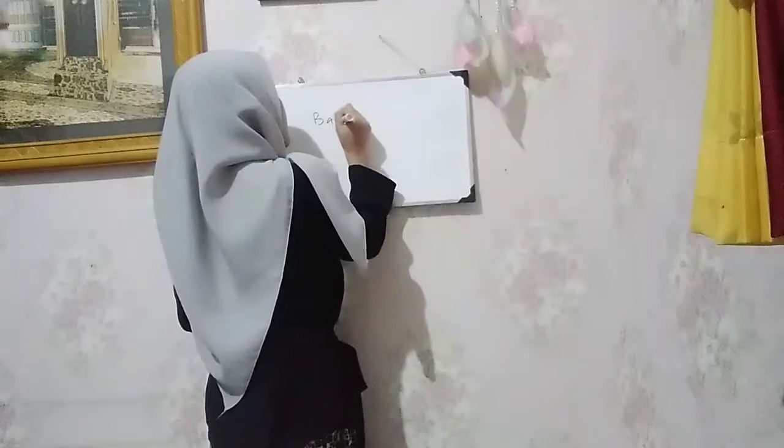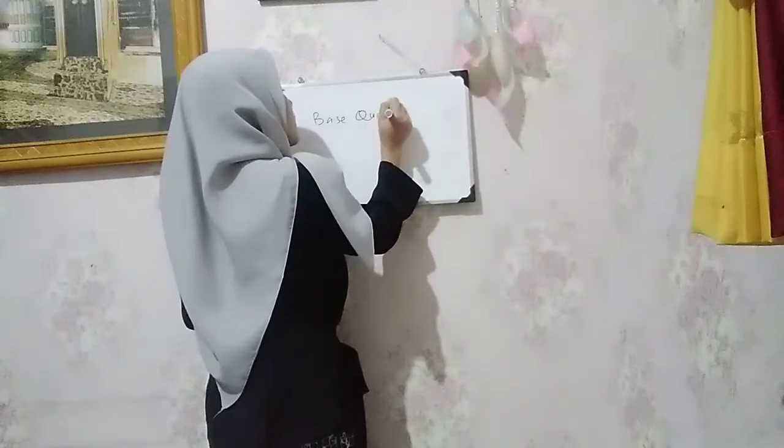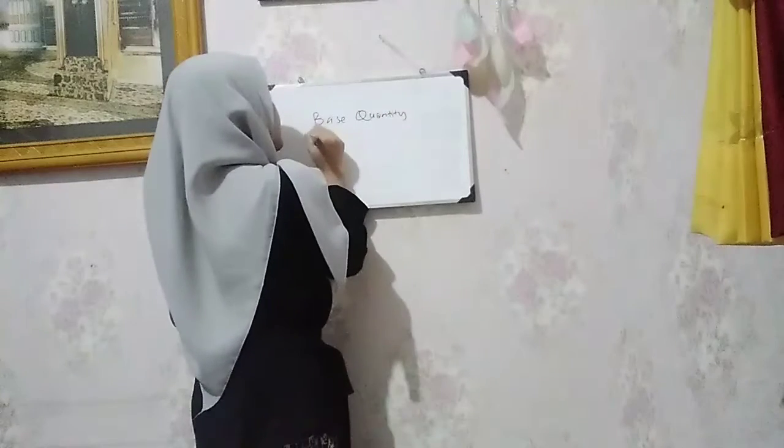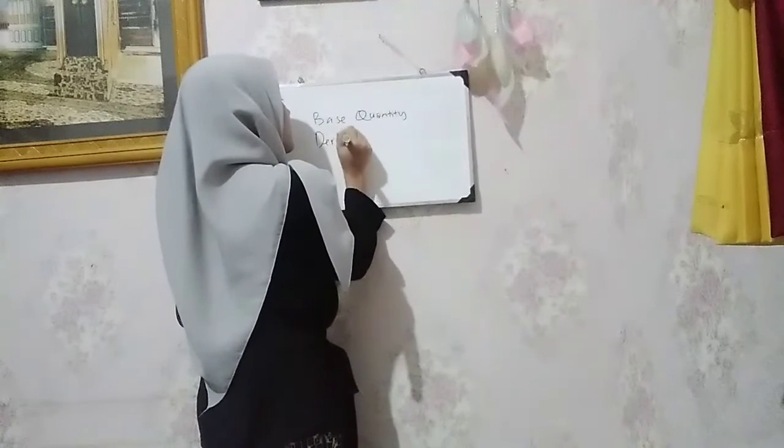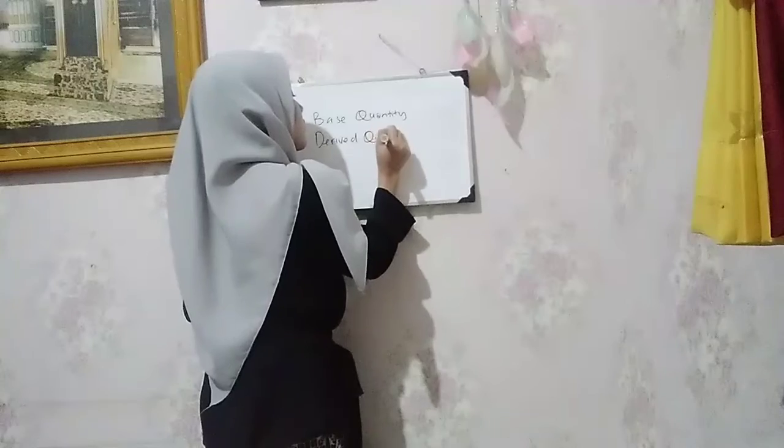Something that can be measured and can be expressed by numbers is called a quantity, while a comparison in a measurement is called a unit. The measurement of quantity is divided into two, namely the base quantity and derived quantity.